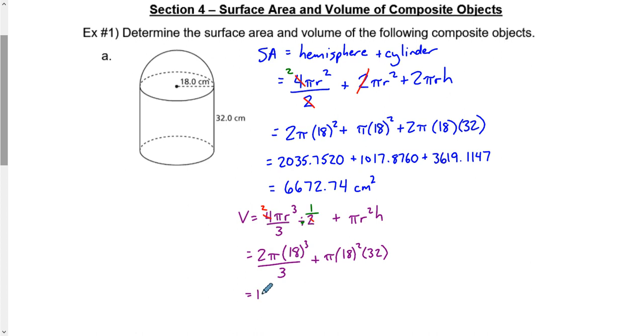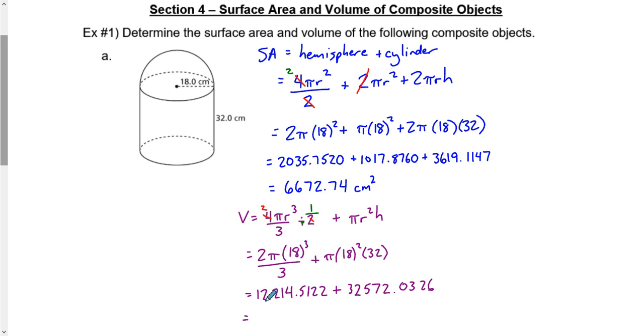I get 12,214.5122. And the pi multiplied by 18 squared multiplied by the 32 is 32,572.0326.